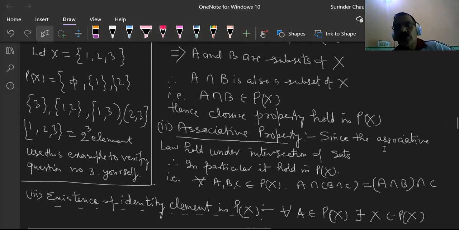Associative property. Since the associative law holds under the intersection of sets, therefore in particular it holds in Px.